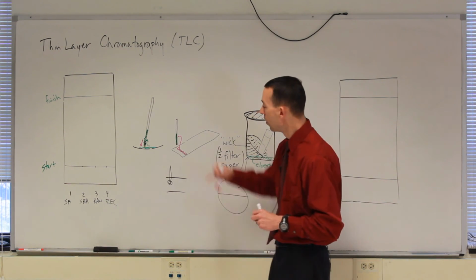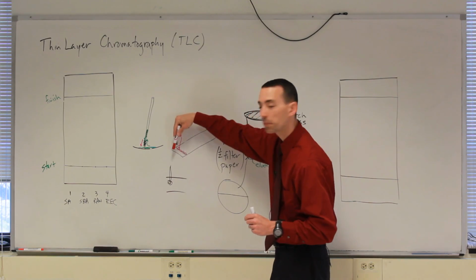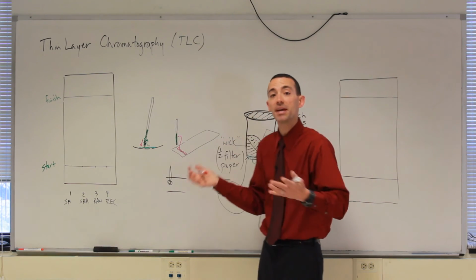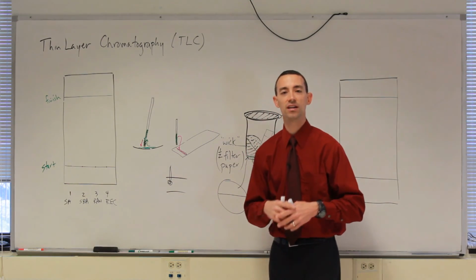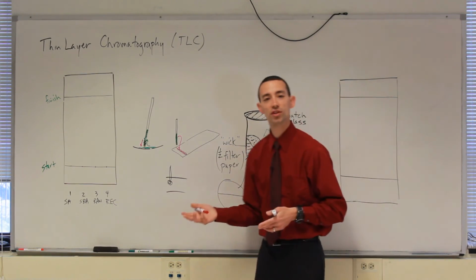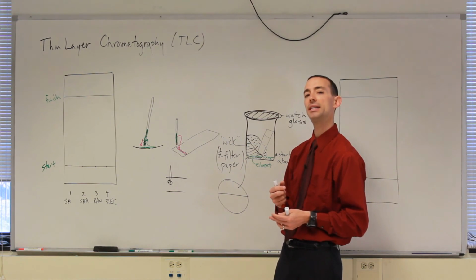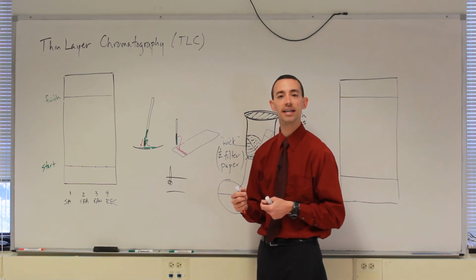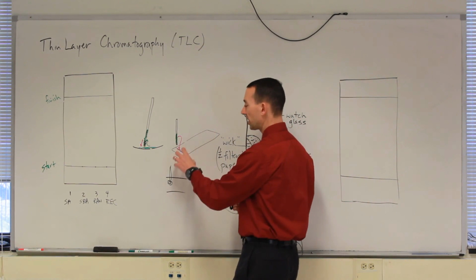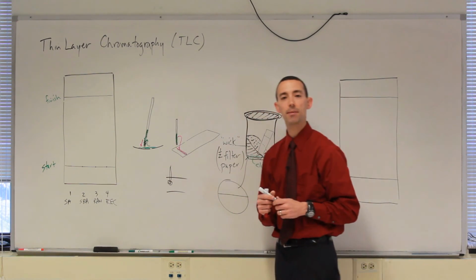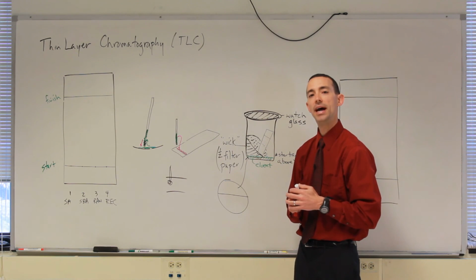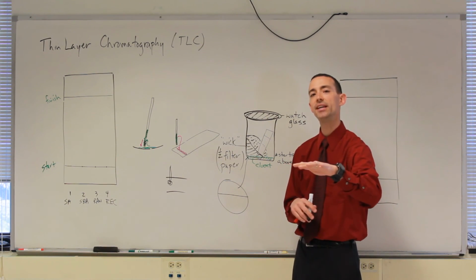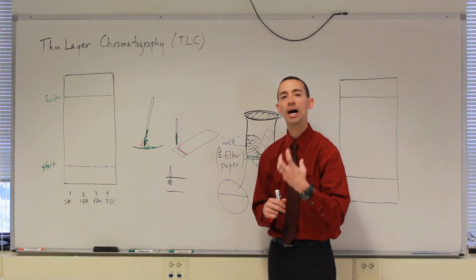Okay? Once you have put your spots on your plate, they're going to be invisible to the naked eye because all of our chemicals are white in color and they're dissolved in solution. But we can visualize them with ultraviolet light. So I recommend you take your plate to the ultraviolet lamp that's available in lab and look at it under the UV lamp. And the plate will glow green and your chemicals will not glow.